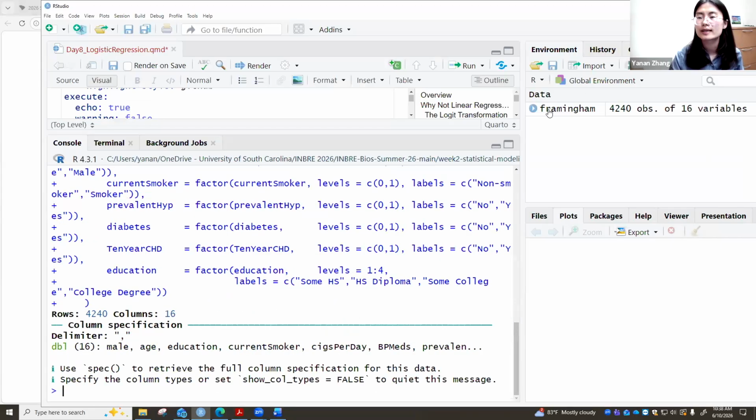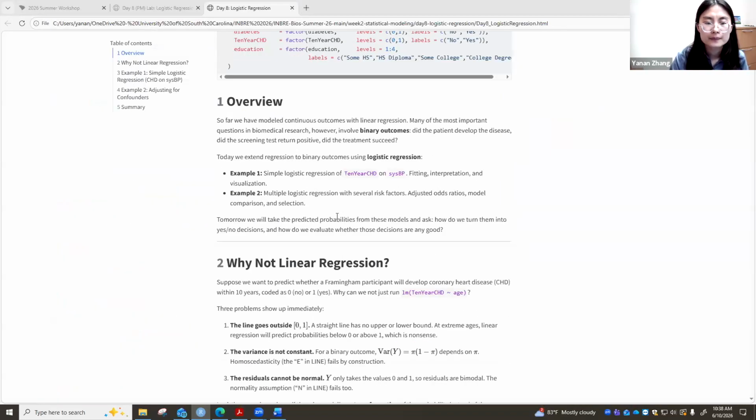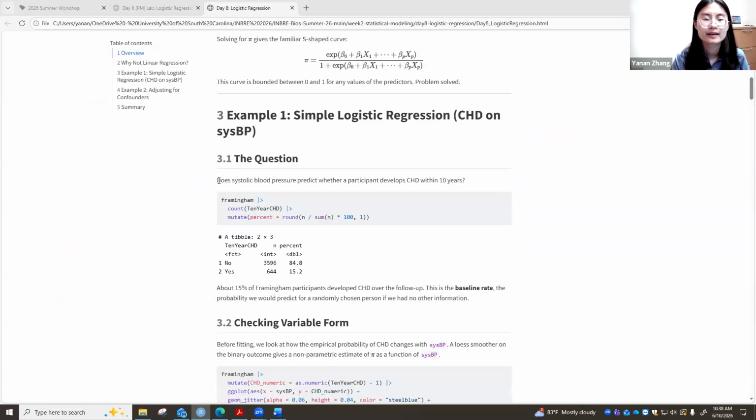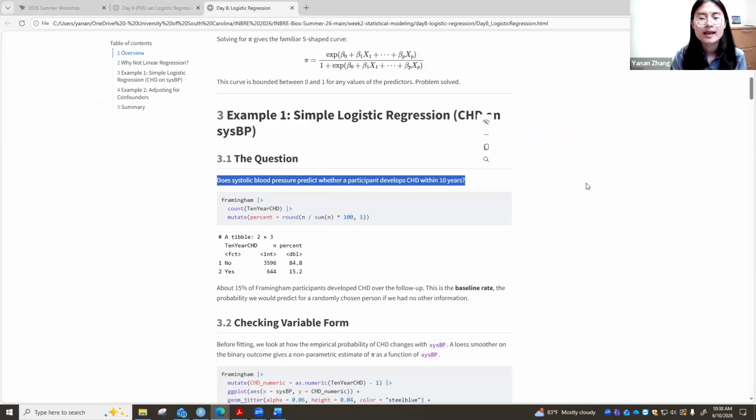I run those, so you can see there are about 4,240 people in the Framingham dataset. Our goal here is to know whether systolic blood pressure predicts whether a participant developed coronary heart disease within 10 years. Okay. Now think about what the outcome is in this question and what the predictor is.